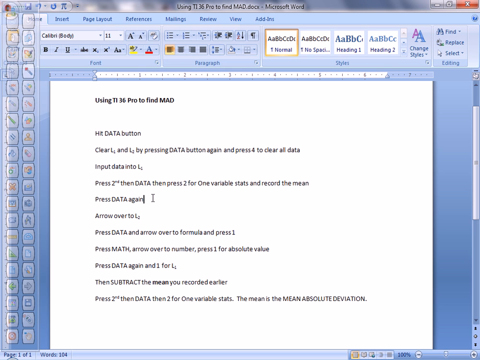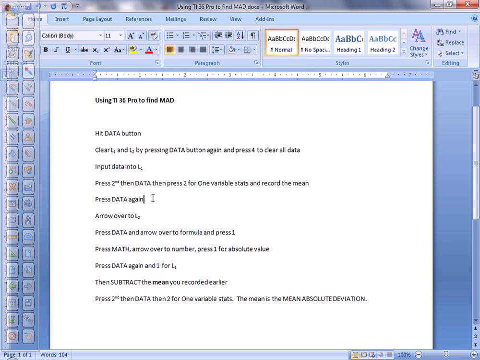Does it open up a set of parentheses? Yes. Okay. Now we want it to do L1 minus the mean. We entered all our data in L1. Hit the data button one more time. What do you see? L1. So press 1 for L1. Close parentheses?